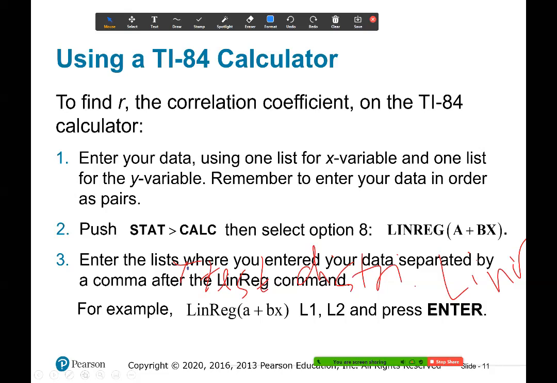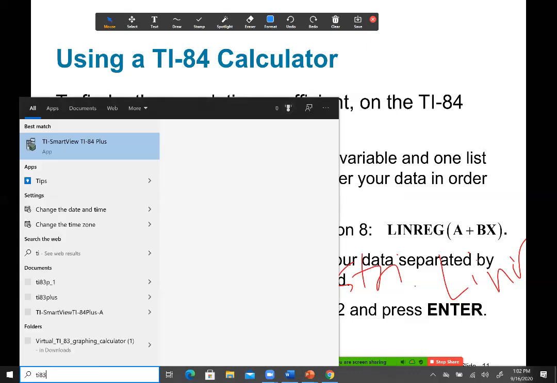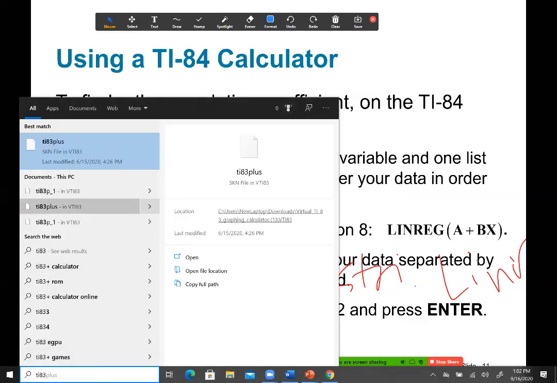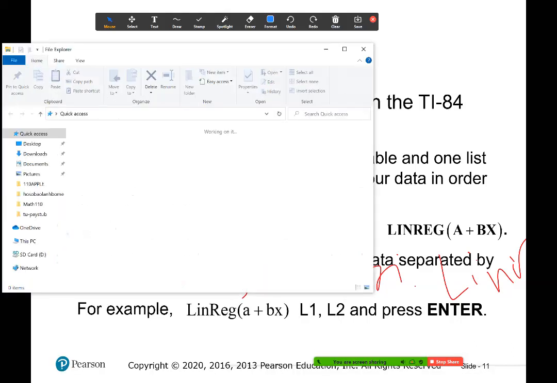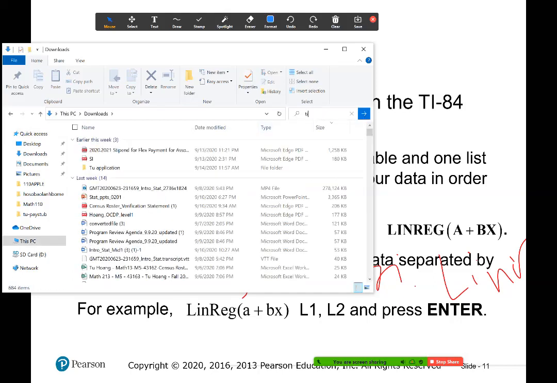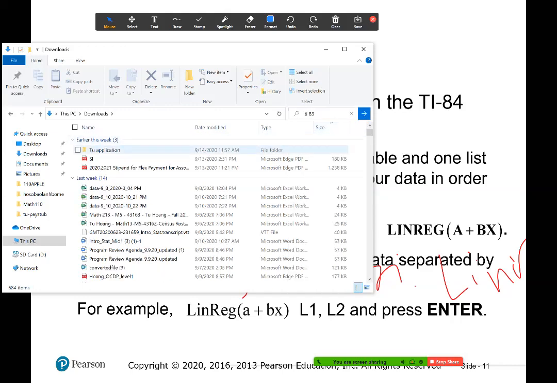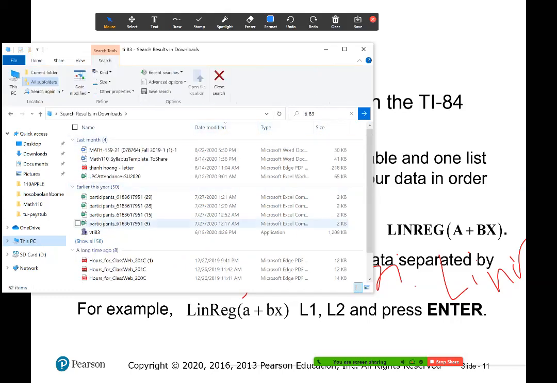I actually have only one software for the TI-83 on my laptop, and let's see if I can open it for you to see.